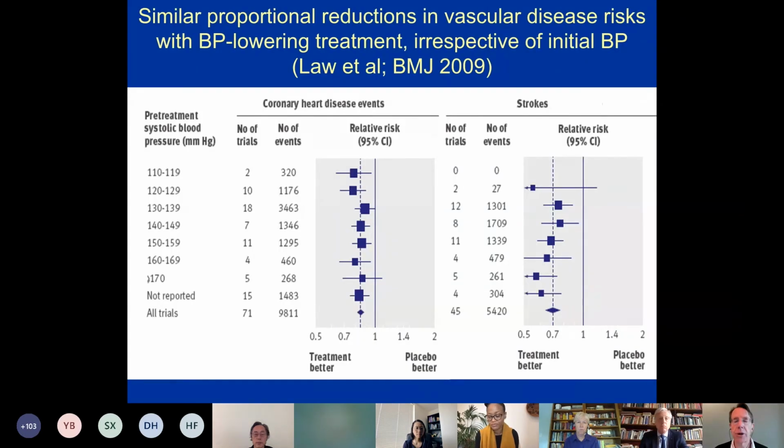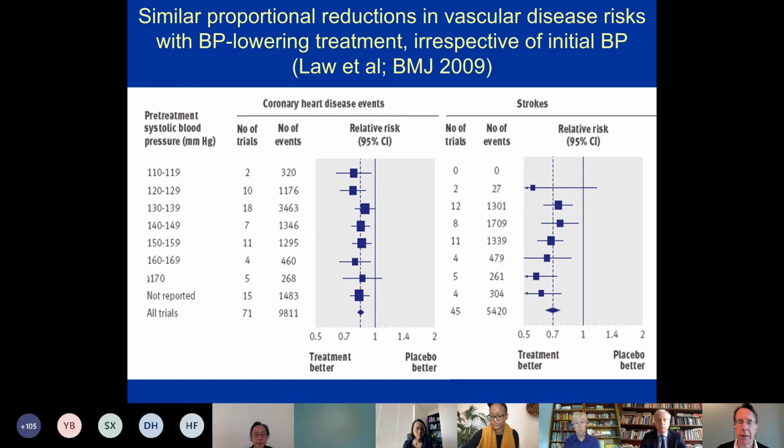Malcolm Law and Nick Wald and others published a very nice paper in the British Medical Journal in 2009, looking now not at the observational epidemiology, but the randomized controlled trials, and showed in this meta-analysis exactly what you would expect from the observational epidemiology, and that is that you get a similar proportional reduction in risk by lowering blood pressure with treatment, irrespective of the initial blood pressure.